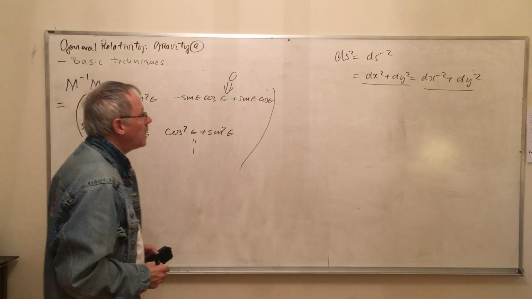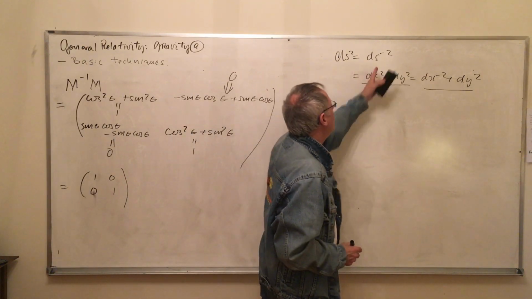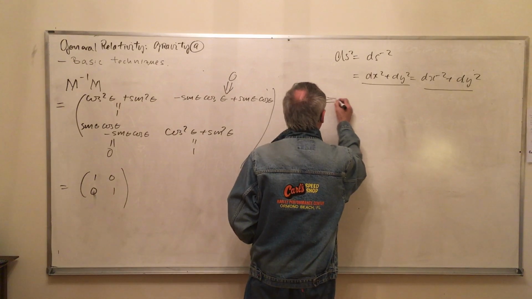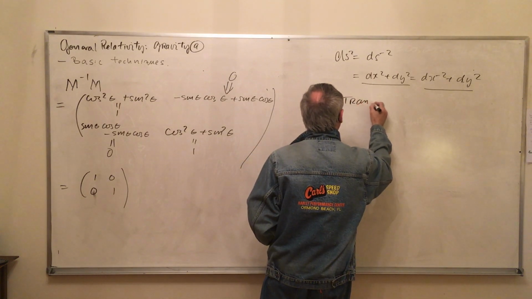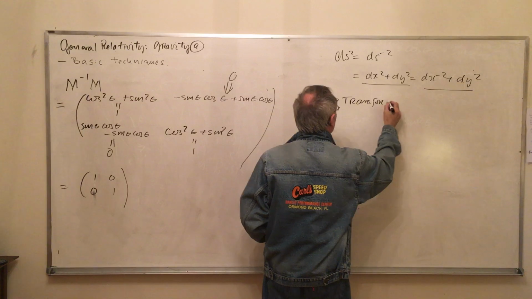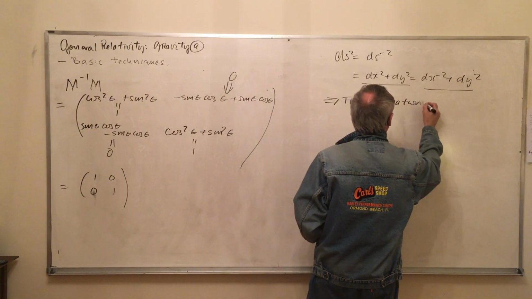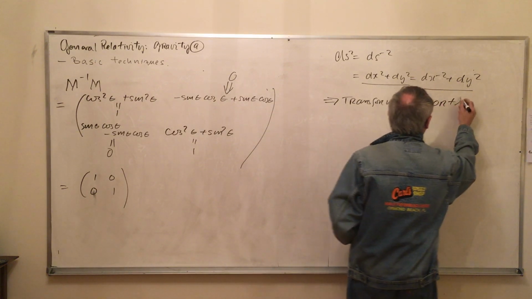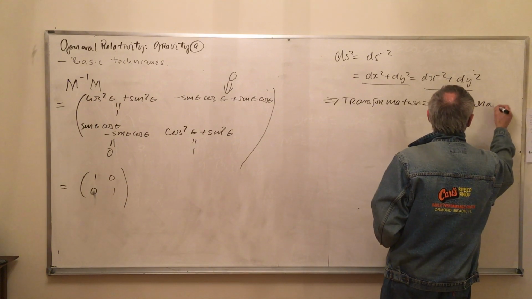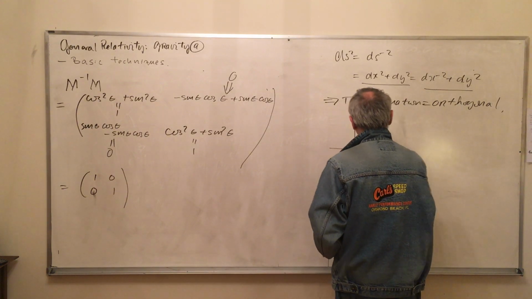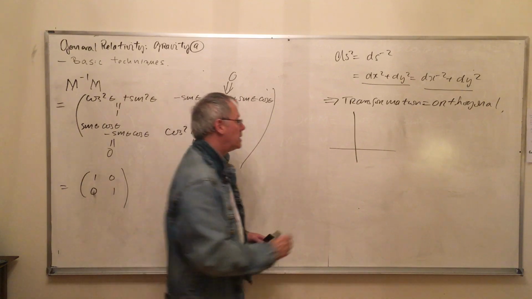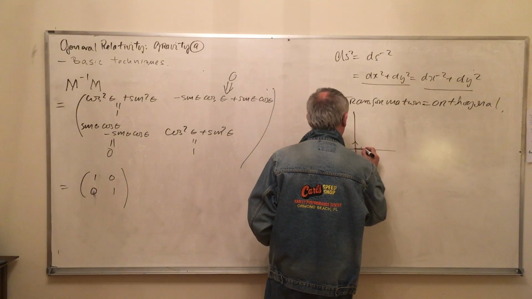What we get is the distance element hasn't been changed, so therefore the transformation is orthogonal. Orthogonal in a rough speaking way means that unit vectors are at right angles to each other.